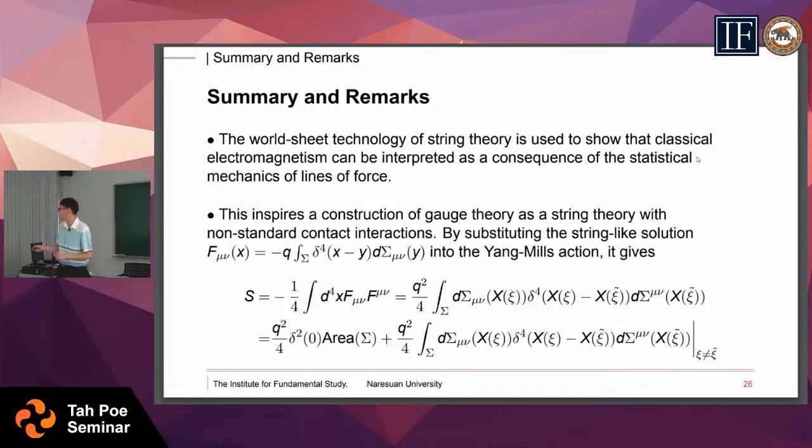The first case is where psi and psi tilde are equal, which turns into the first part here, proportional to the area of the worldsheet. And as I said, the area of the worldsheet is basically the string action, right? It's the Nambu-Goto action.